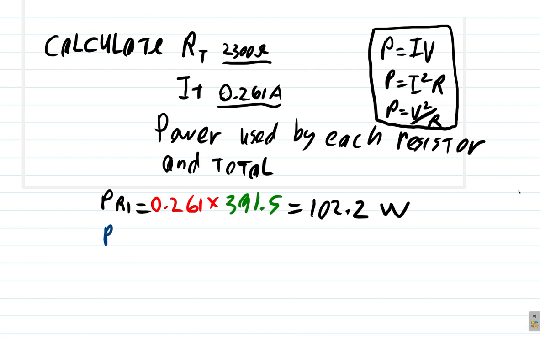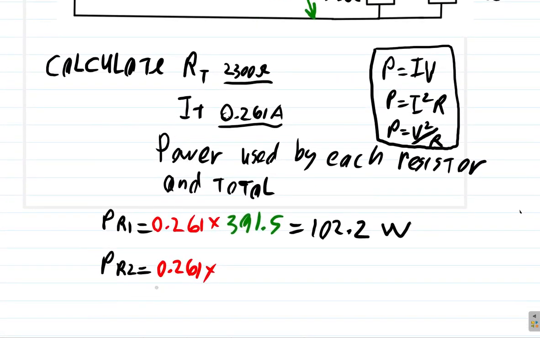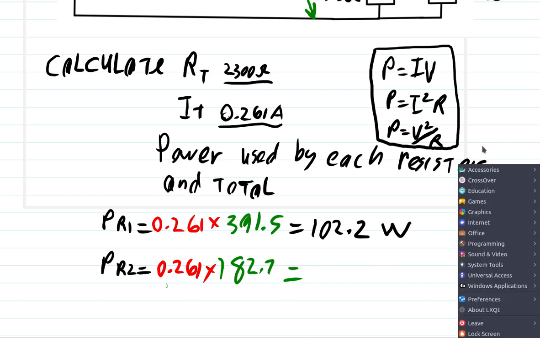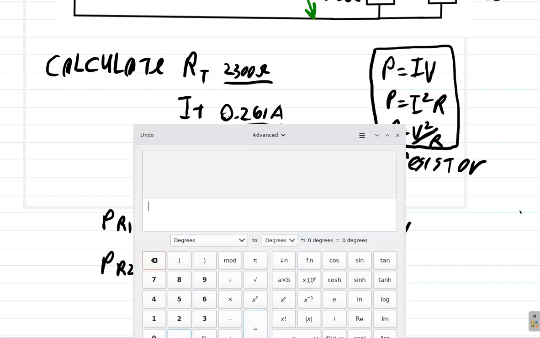The power being used by R2 equals the same current, 0.261, times the voltage drop, 182.7. What do we get for our power?